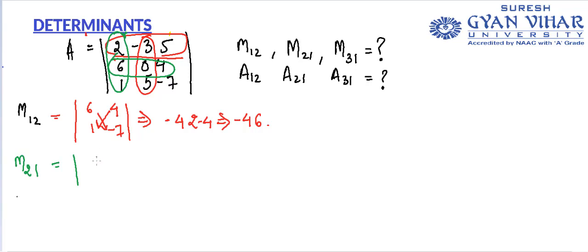The remaining will be minus 3, 5; 5, minus 7. So you get 21 minus 25, and minus 4 is the answer.